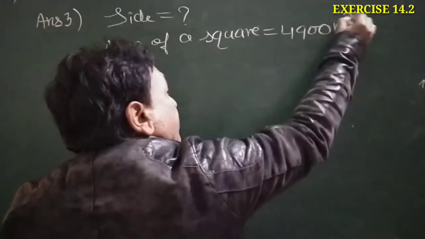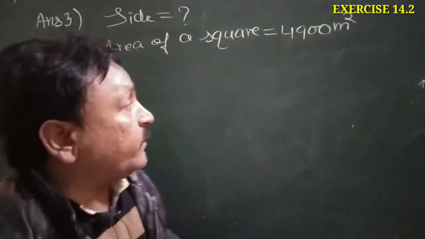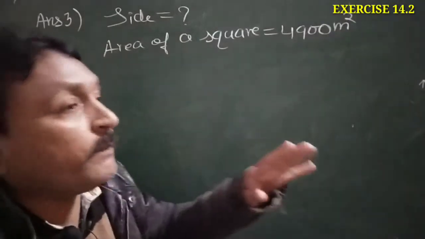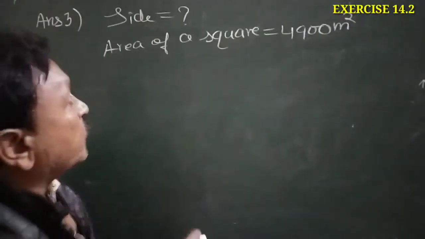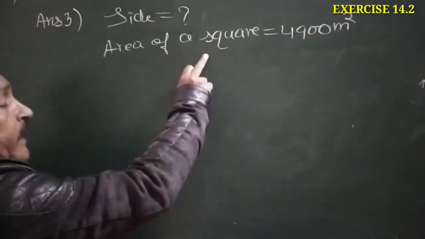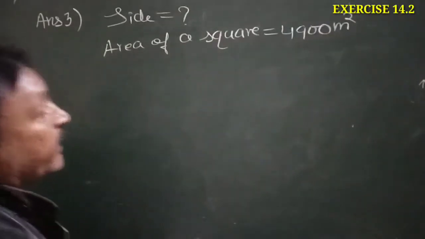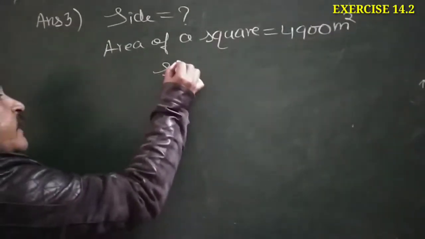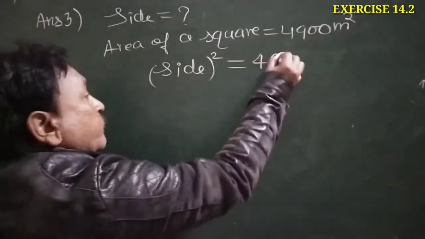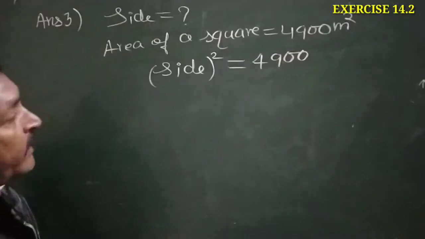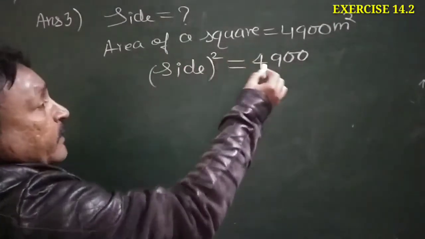We all know that whenever area is given to us, we have to apply the formula. So in place of the area of a square, we will apply the formula for the area of a square, and we all know it is side square. So side square will be equal to 4900, and from here we will find out the value of side. Square goes in square root.